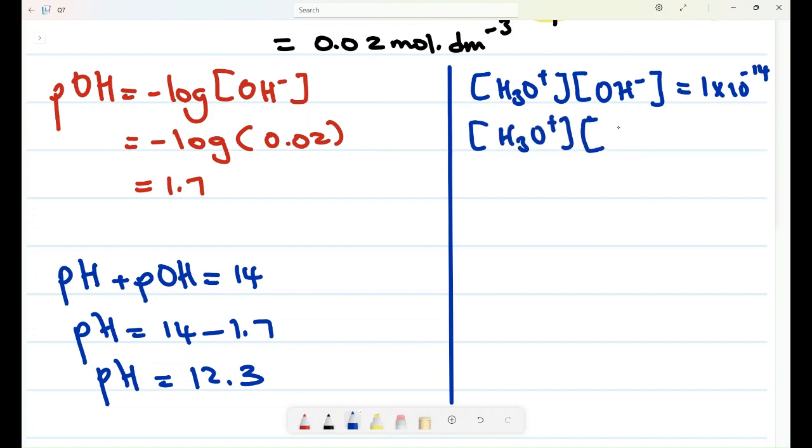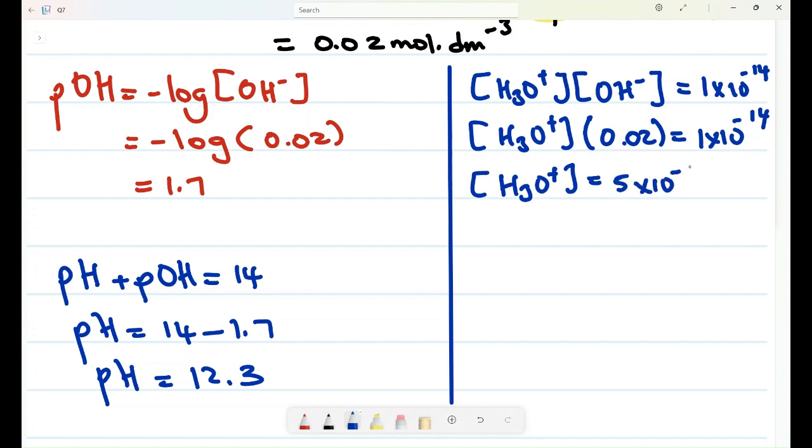Substituting the concentration of OH minus, 0.02, in round brackets, it is equal to 1 times 10 to the power of negative 14. When I divide, I get the concentration of H3O plus as 5 times 10 to the power of negative 13 mole per decimeter cubed.